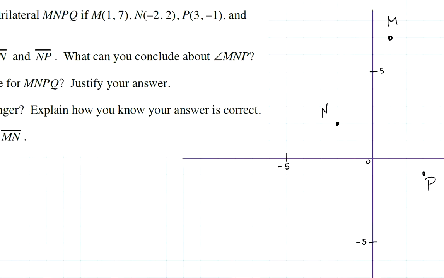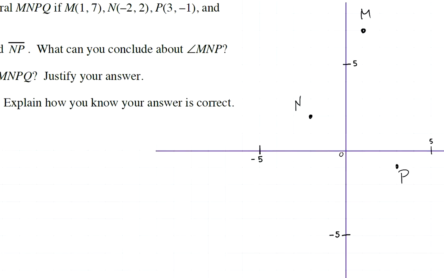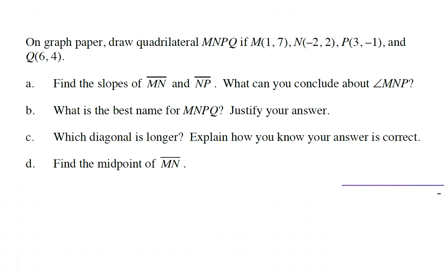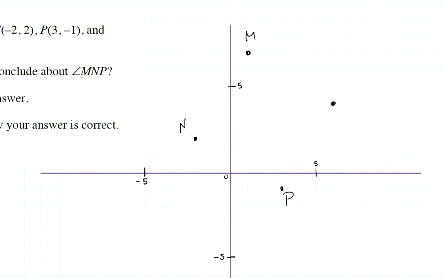And then the final point is at 6, 4. That is point Q. M, N, P, Q. They were not alphabetical.